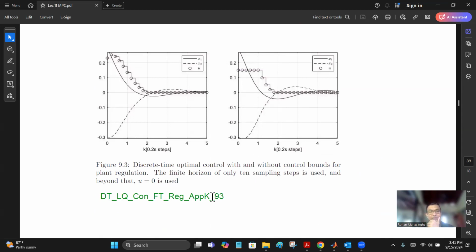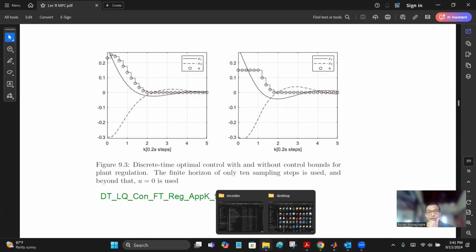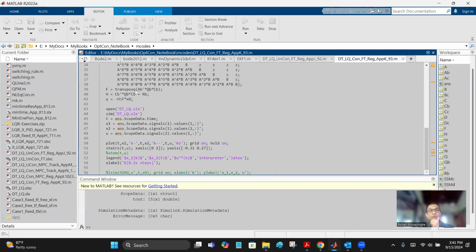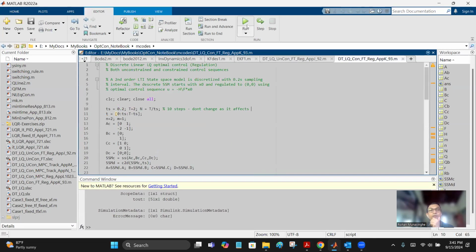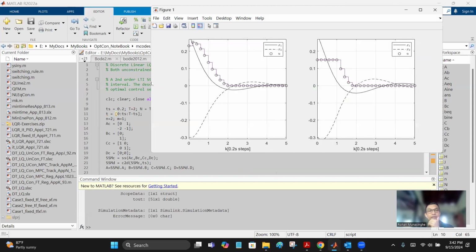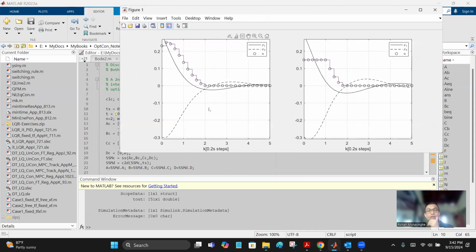This is appendix K93. Let me run this one. Appendix K, this one. Now see that on the left is actually the result you have seen earlier, right?